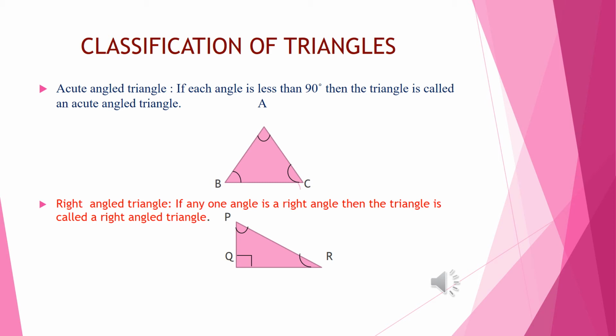Second one, right angle triangle. If any one angle is a right angle, then the triangle is called a right angle triangle.